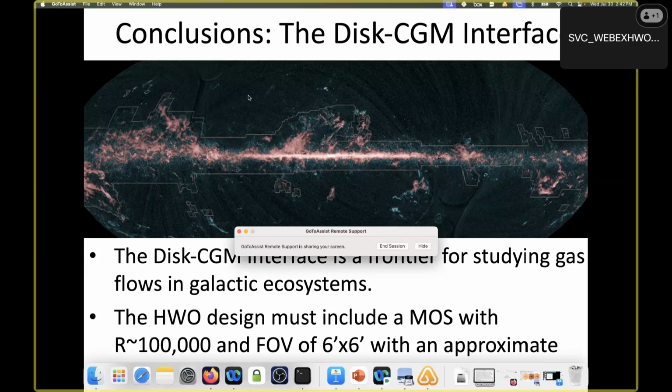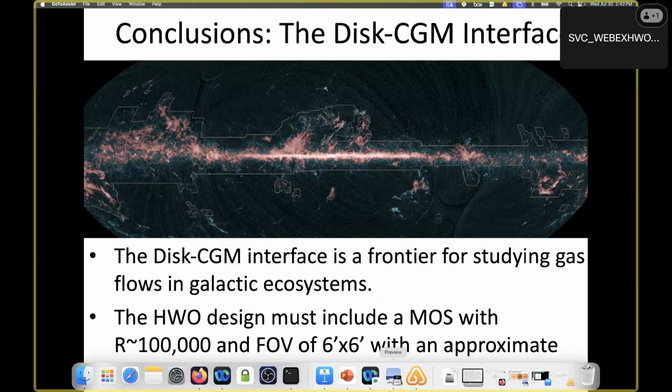Vivian, you can go. I was wondering, and it's a naive question, because I only know the molecular hydrogen lines in the infrared, so what advantage do we gain from using the UV H2 lines? Very good question. So in the UV, anything that's molecular hydrogen, hot or cold, will show up.